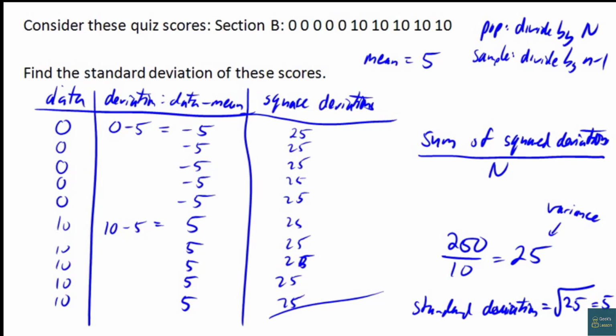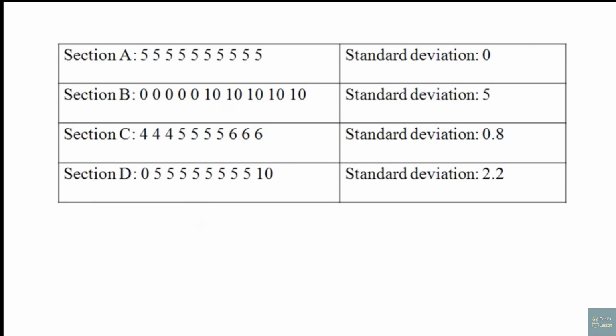Now, for comparison, let's look at all of our other data sets. When all of our scores are the same, the deviation is going to be 0. The data set we just looked at had a deviation of 5. In this case, all the scores are much closer to the mean, and so the standard deviation is going to be smaller.